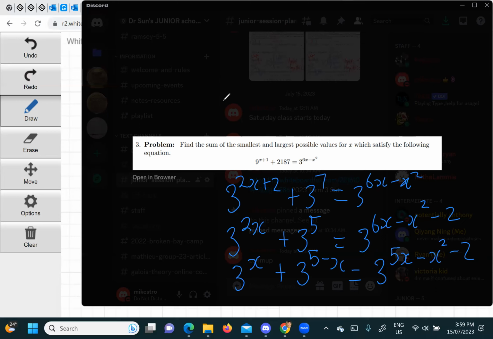Okay, so if you have 3 to the x plus 3 to the 5 minus x equals 3 to the x times 5 minus x minus 2, that makes sense?